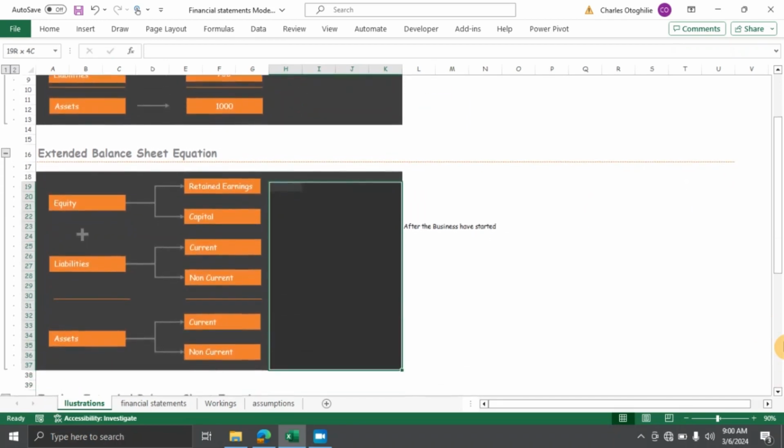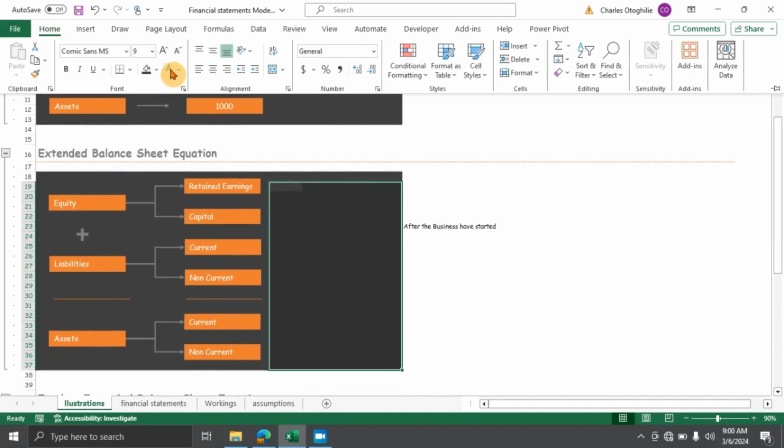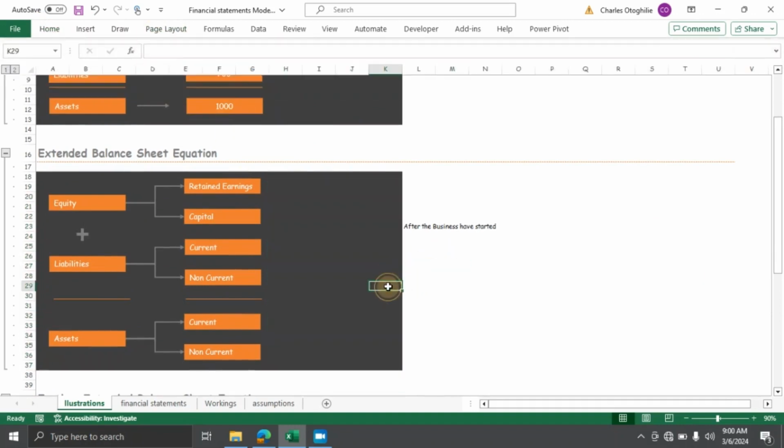Let me explain this for you so that you understand what is actually going on. Here the business has started, and sometimes you find out that the business might have earnings of, let's say, 50 bucks. So it has done business and it's able to get 50, after expenses and after all the spendings that might be, it gets 50 bucks.